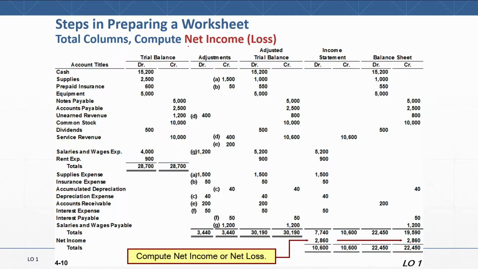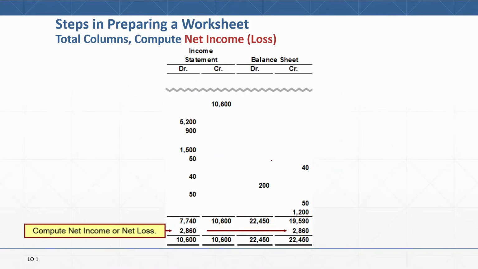Next step is to calculate the net income or net loss amount. Let's take a closer look at this portion of our worksheet. We learned that there could be a difference between the summation of debit column and credit column of the income statement. That difference is actually our net income or loss.